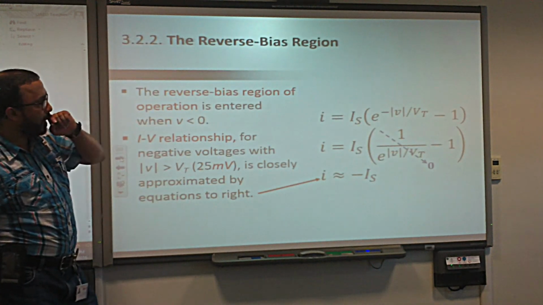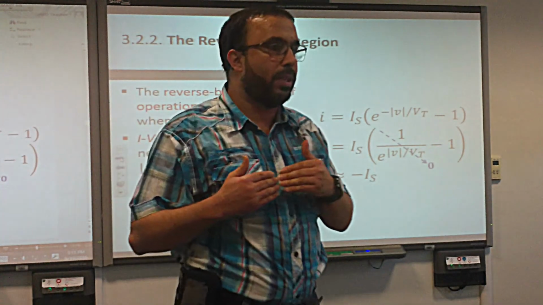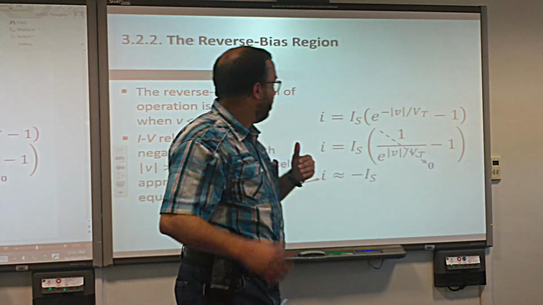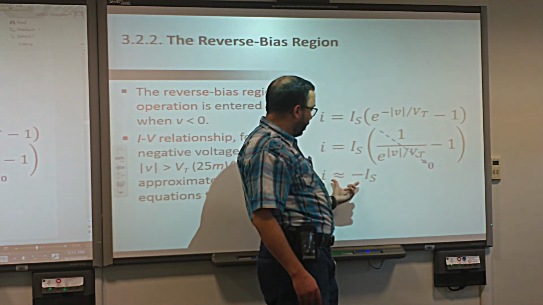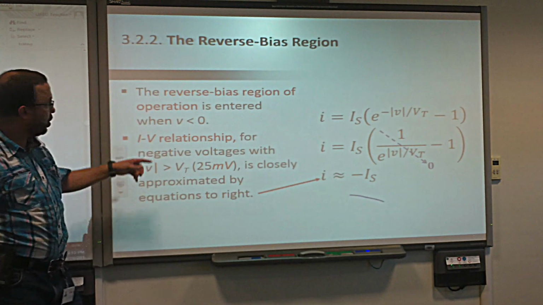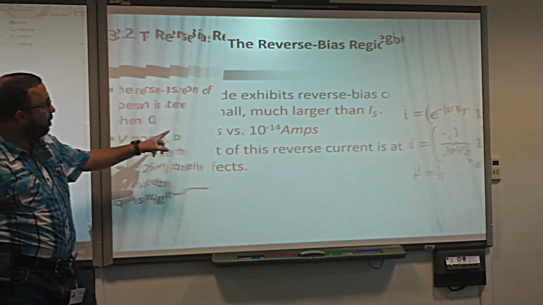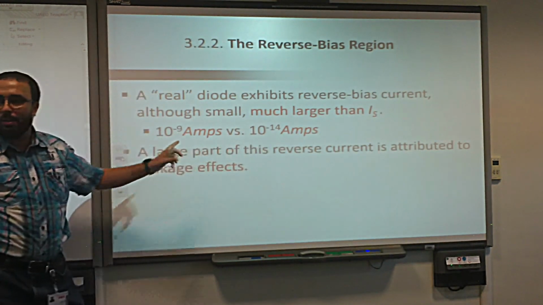The reverse bias region is when the voltage of the diode is negative. In this case, if we apply the equation, the current of the diode is equal to minus Is, and we said that the saturation current is quite small. It's actually in the range of 10 to the minus 9 or 10 to the minus 14 amps.